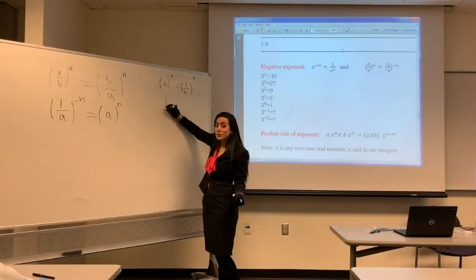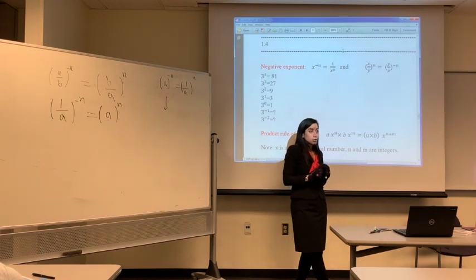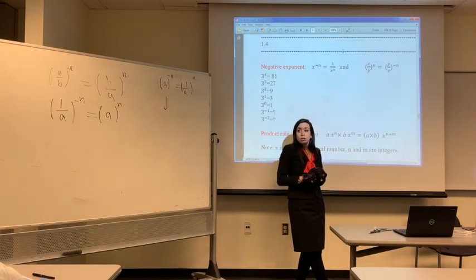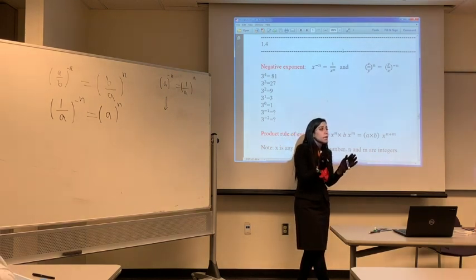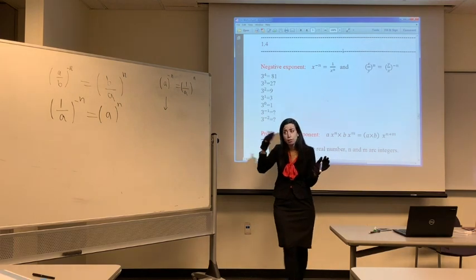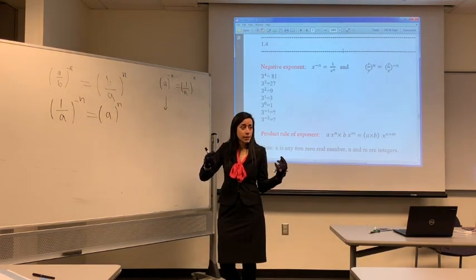So now I will give you an example. We use the reciprocal of what is in the parentheses, and then change the power to the opposite sign. Opposite power, opposite sign. Correct?